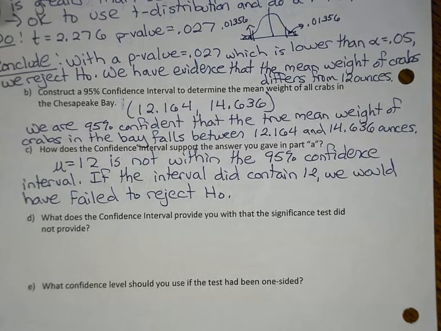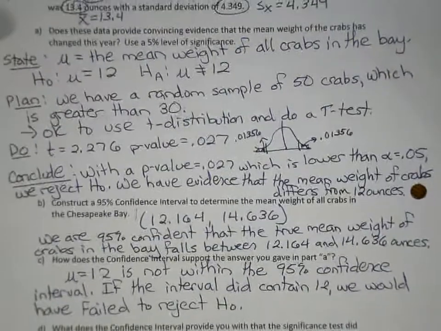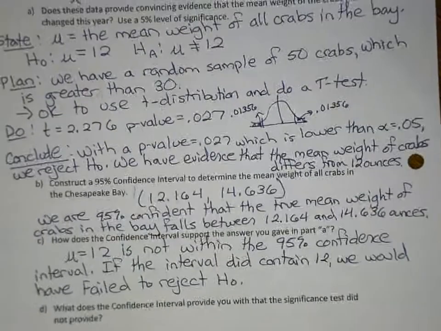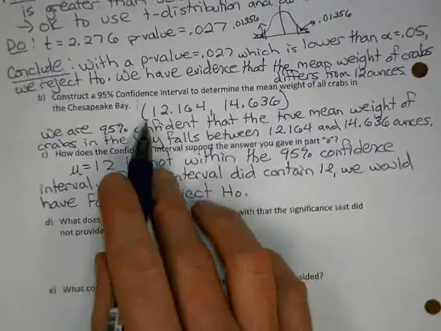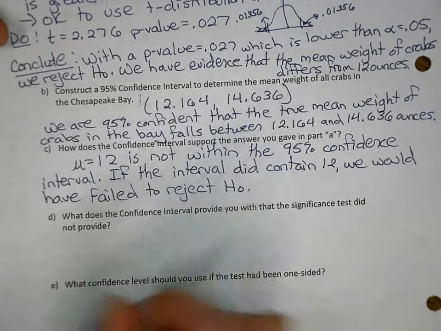What does the confidence interval provide you with that the significance test did not? Well, remember we rejected the H0. We rejected the parameter that the mean was 12. So that means we have no idea what it is, but it provides us with a possible range of values that the true mean might fall in.